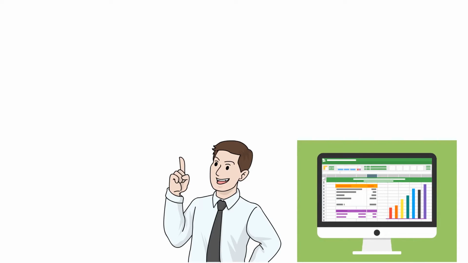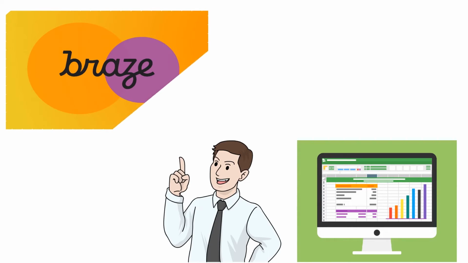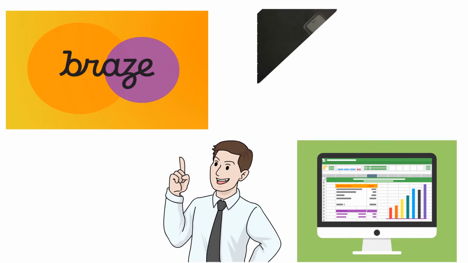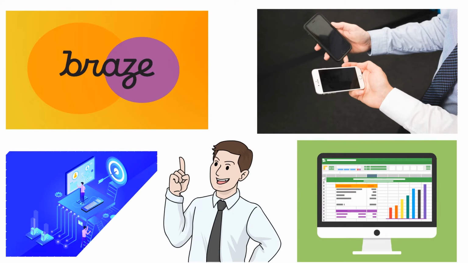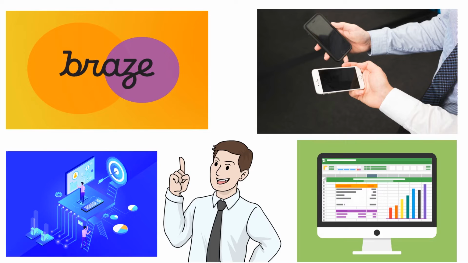Because if you were to do this manually, you probably would have to buy 3 or 4 types of software tools to have the level of centrality and sophistication that Braze offers through their automated platform. Okay, and again, we're speaking about mobile marketing here.